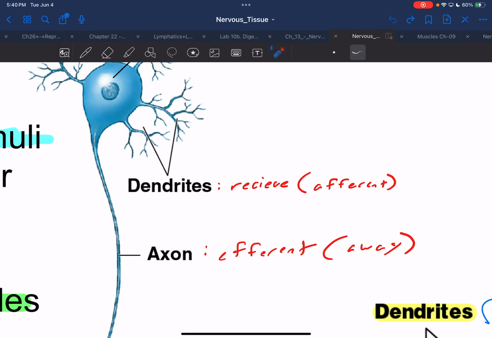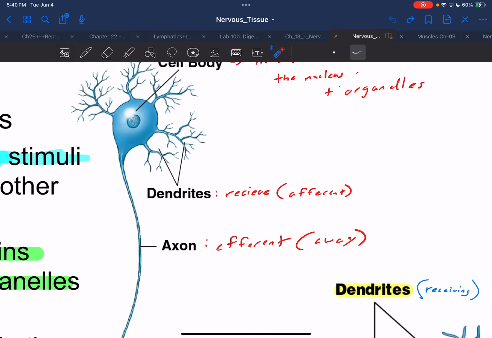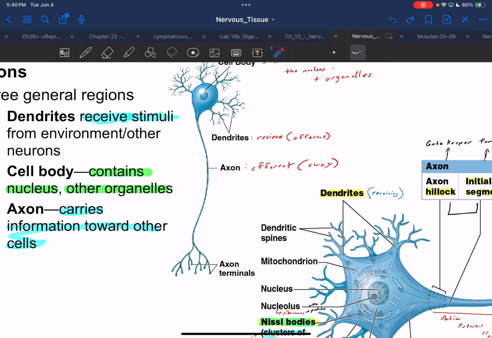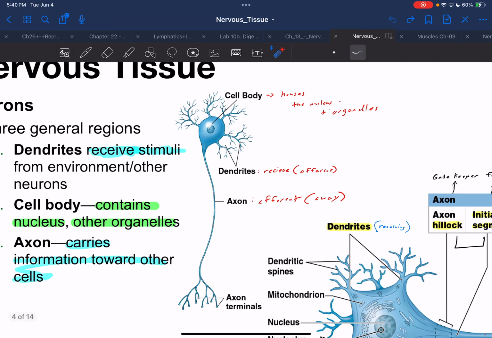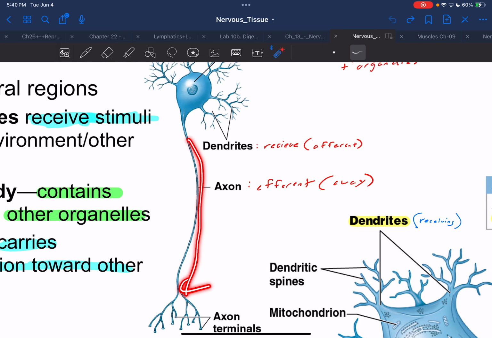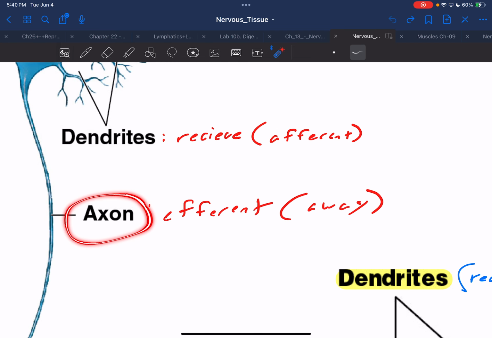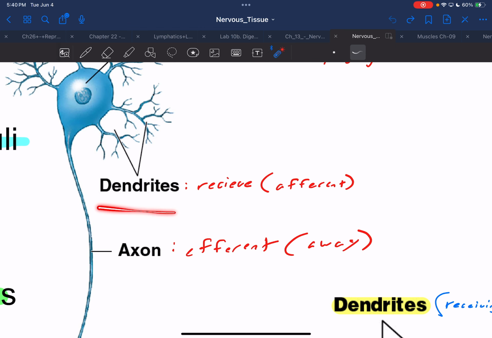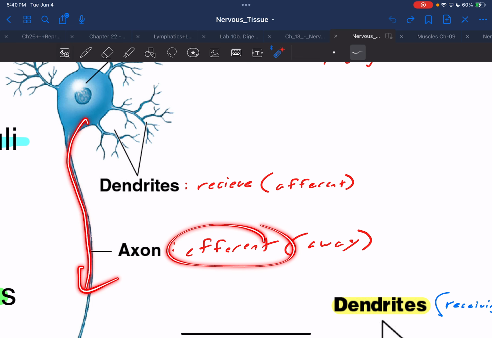And because dendrites receive, they can technically be considered afferent, and one thing to understand about axons is that they send nerve impulses. So these receive and these send. And so you can see why I have axons away, dendrites receive. Or afferent. Efferent means to go away.